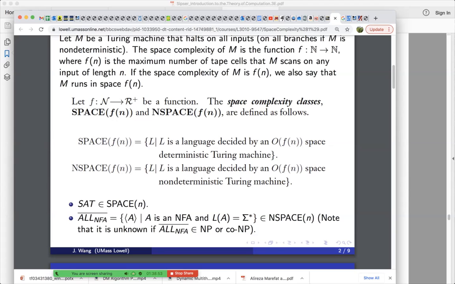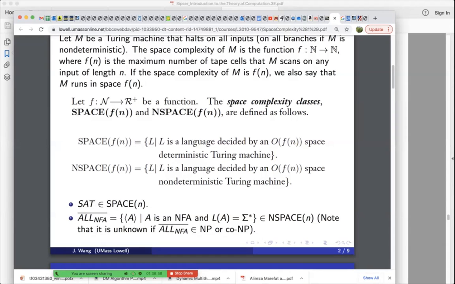So we are looking at space complexity. We just defined space and non-deterministic space, SPACE f of n and NSPACE f of n.